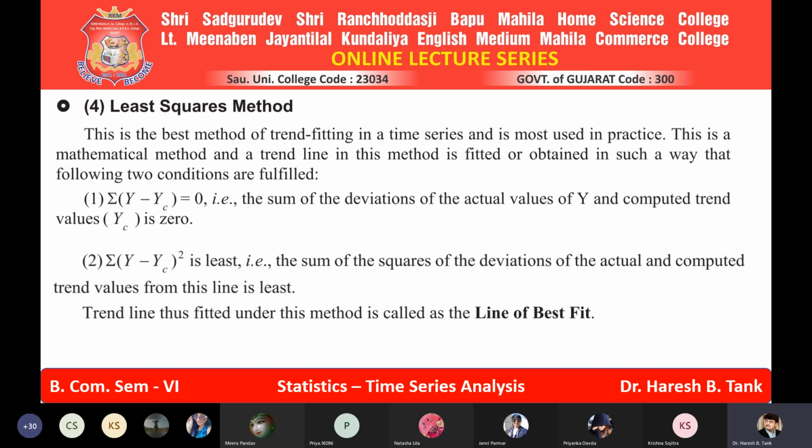At that point of time, you have to establish a model. A model is to be established in the sense that it should be somewhat in an equational form.